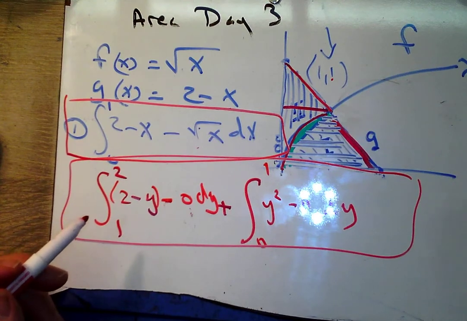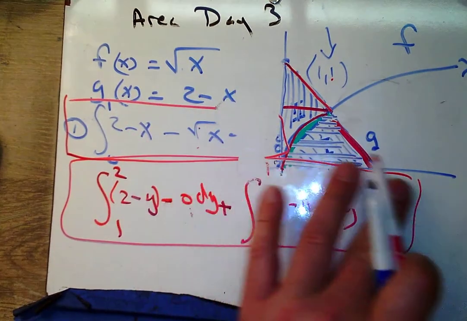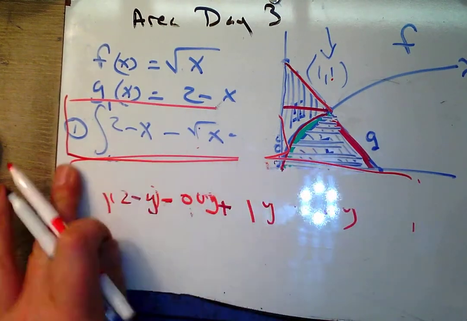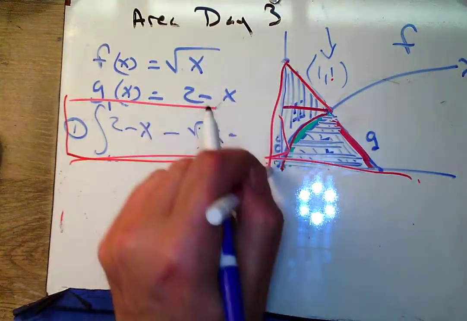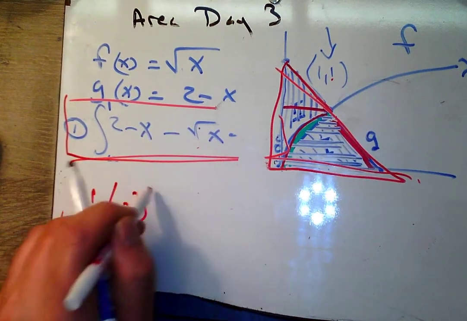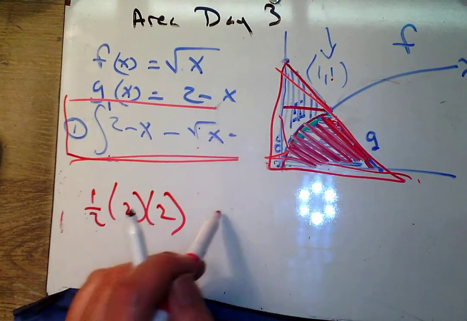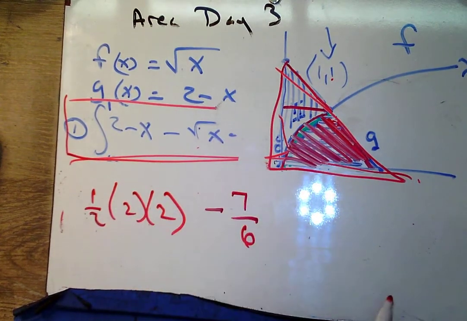And I wanted a third method. I guess my third method would be to take the area of the big triangle, which is 1/2 times 2 times 2, and subtract region 1. And we already found that area to be 7/6.